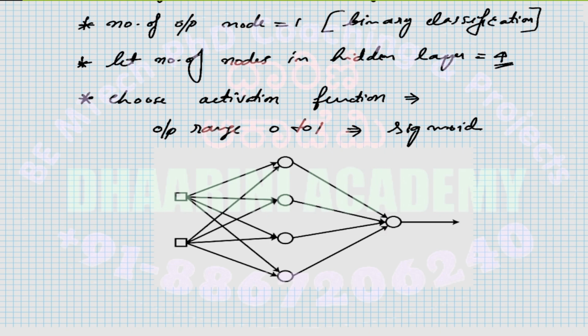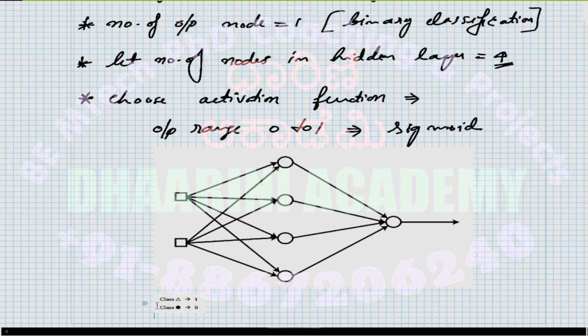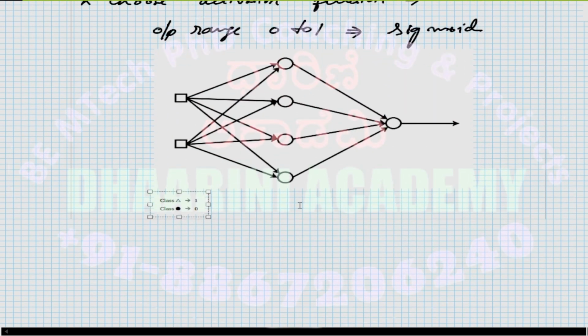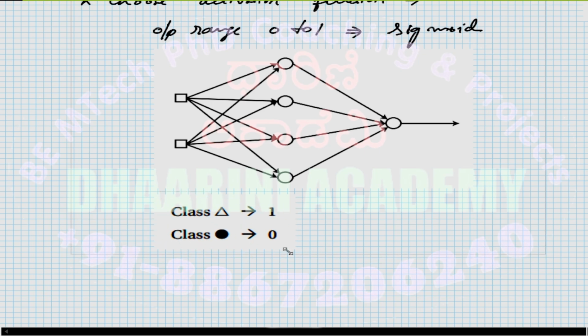It is very simple. The output is going to be class 0 for circular and class 1 if it is a triangle.